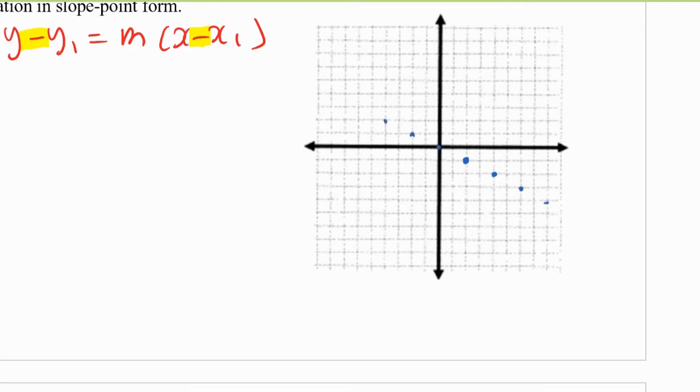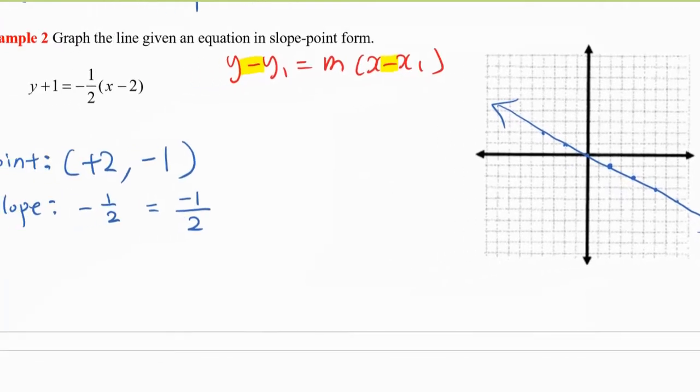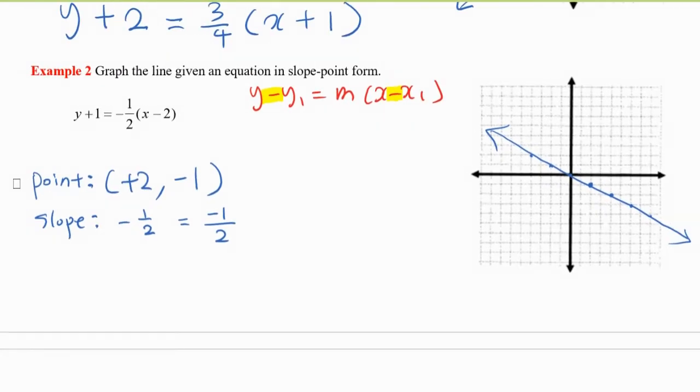So find the points and join the points all the way and put arrows in both directions. So remember everyone, if you don't put arrows, I'm going to deduct marks. Okay, put arrows in both directions. So this is how you find the point and how you find the slope using the formula. Okay, and draw the line.